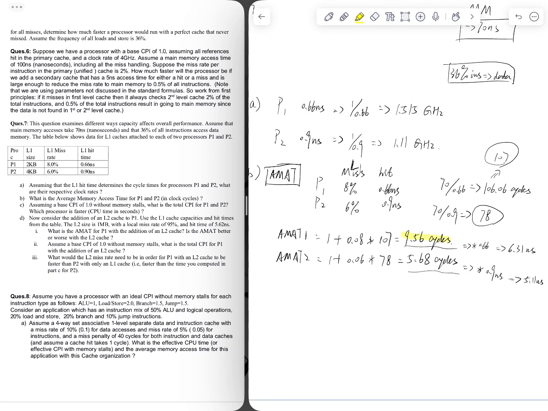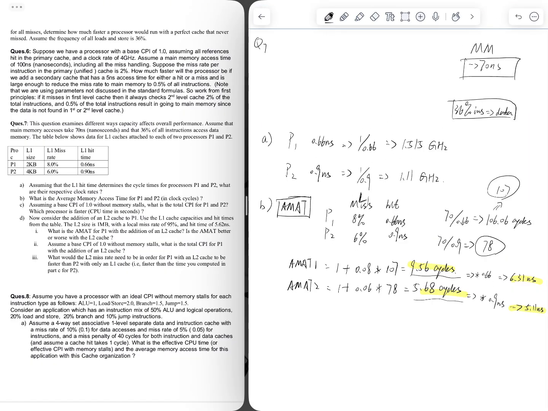So you can say it. This kind of answer is all correct, right?